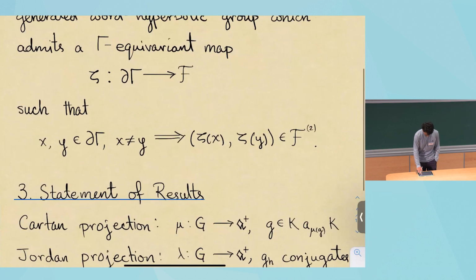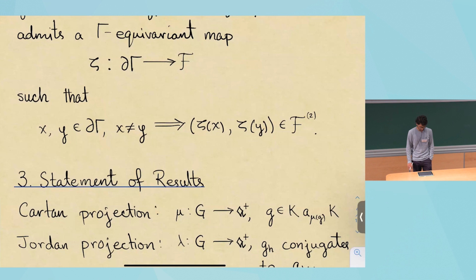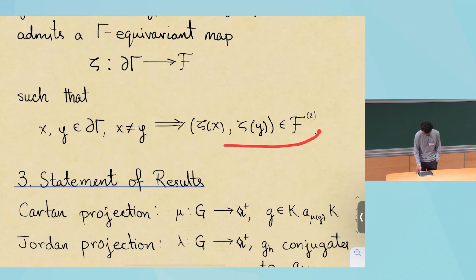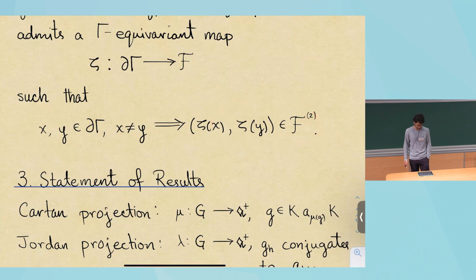And it is such that it has this antipodal property. If x is not equal to y, then if I push the x and y into the Furstenberg boundary, they will be in this unique open G orbit.